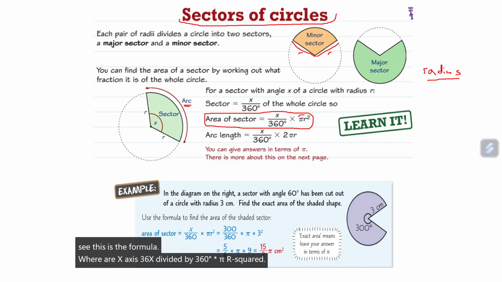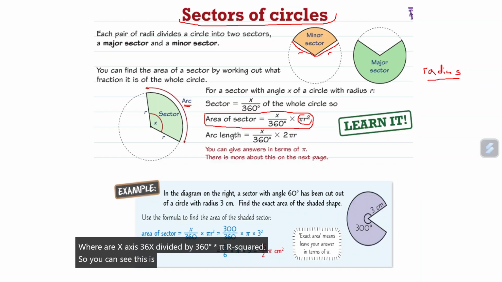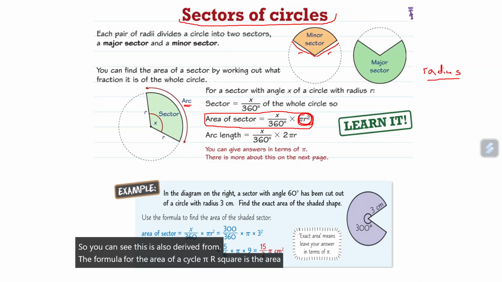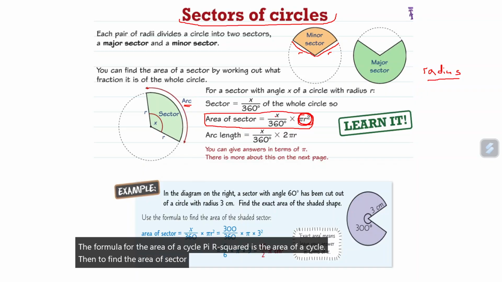So you can see this is also derived from the formula for the area of a circle. Pi r squared is the area of a circle. Then to find the area of a sector, that will be combined with x over 360 times pi r squared.